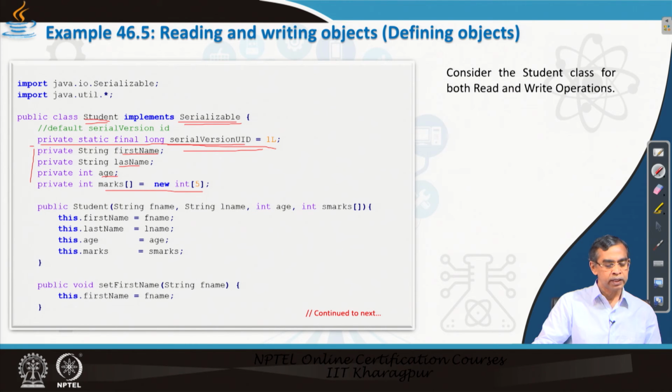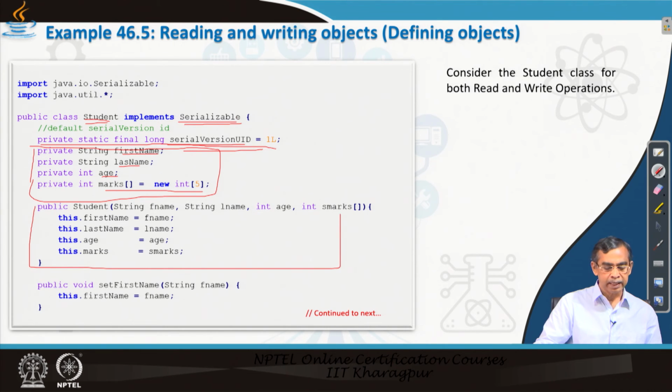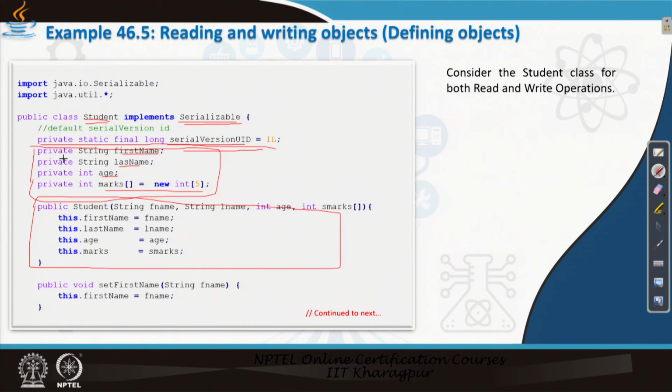So this is the record of student data that we want to store and read. There is a constructor to initialize the student object, and a few setter methods, such as set first name. You can ignore the set and get methods; I have just given them for illustration. So these are the first few points about the class Student.